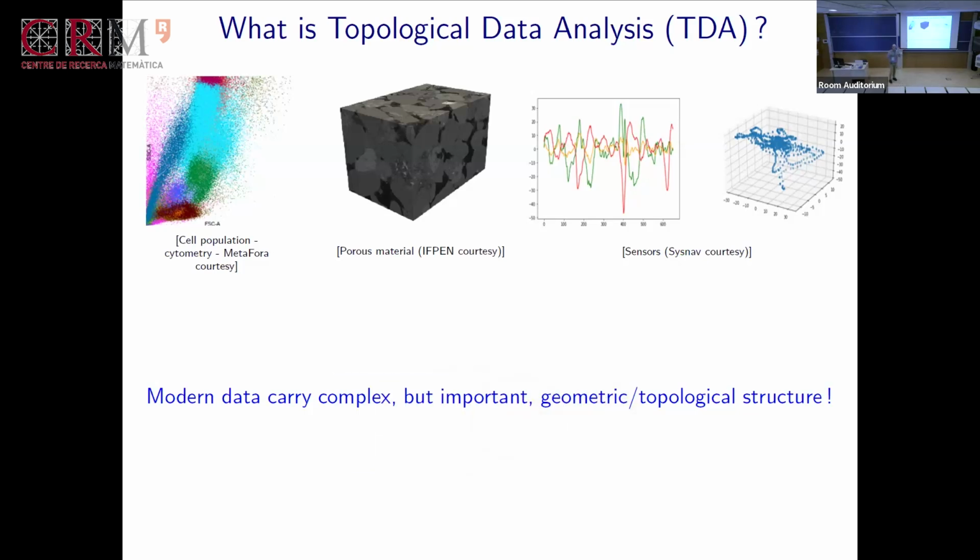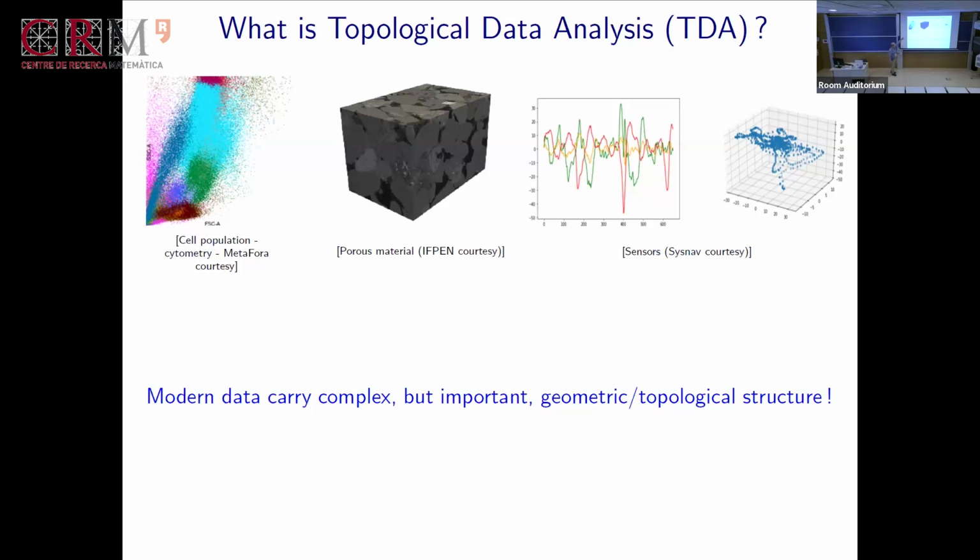And when you get data sampled in a possibly high-dimensional space, in general, this data is not sampled uniformly in the space, but it is often concentrated around some kind of structures that have some kind of geometry or topology. And when you do topological data analysis, what you want to do is to try to characterize this structure and to get some information about the topology of this structure.